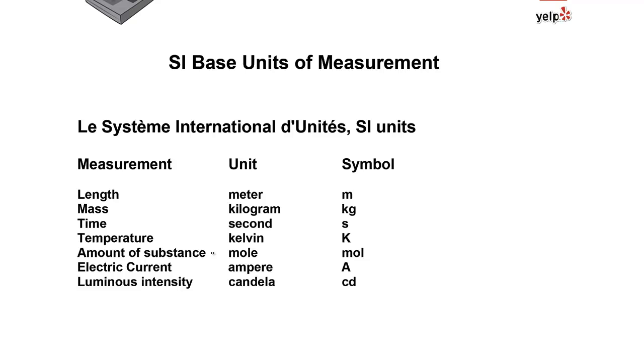So what I'm trying to say is we have to have a counting mechanism in science. And so our counting mechanism for the amount of a substance is the mole. And you can have 1 mole of anything, and that's going to be equal to 6.02 times 10 to the 23rd.